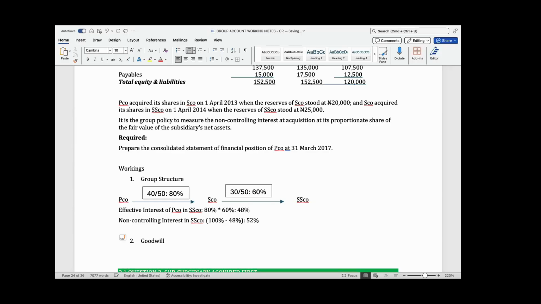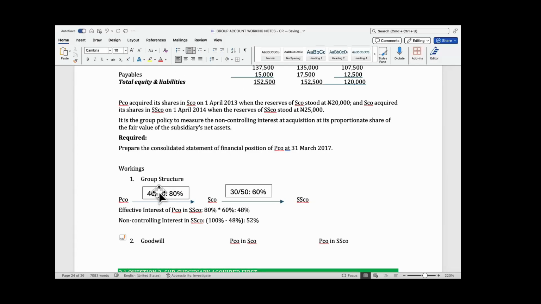Now, in this case, you do the goodwill or cancellation systematically between PICO in ESCO and also PICO in SSCO.